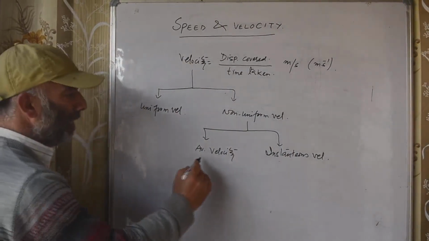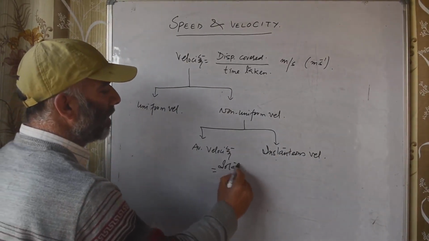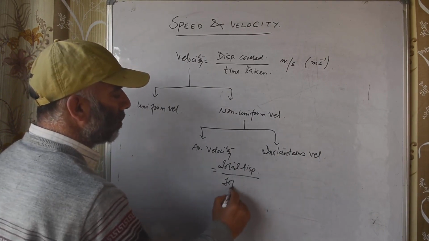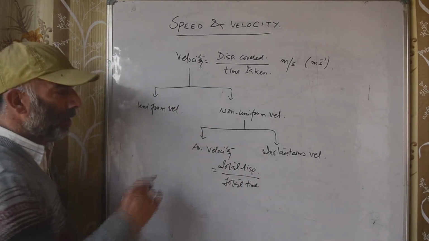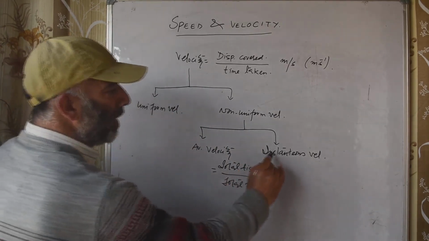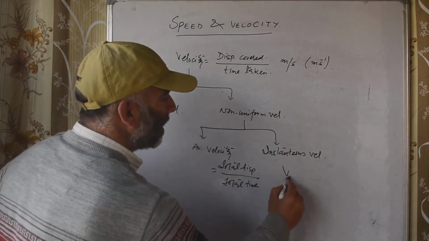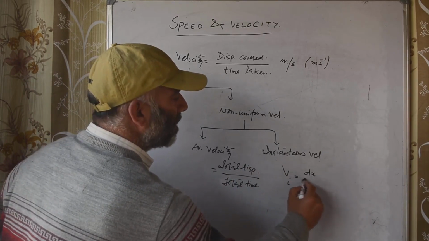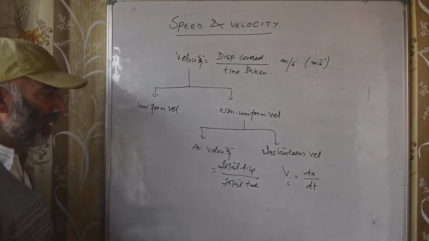The average velocity will be total displacement divided by total time, and instantaneous velocity, as I have talked earlier, is nothing but the first derivative of displacement, the velocity at any instant of time.